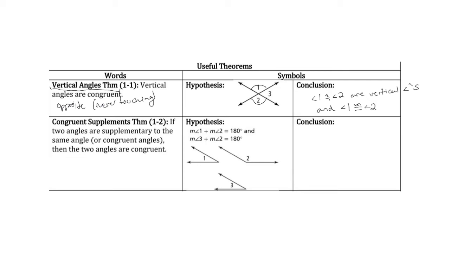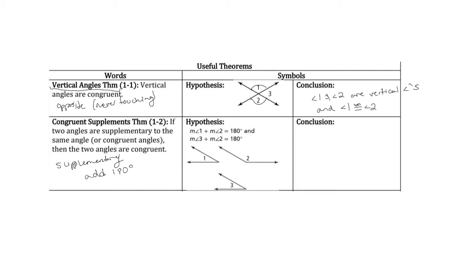The next theorem is the congruent supplements theorem. This says if two angles are supplementary to the same angle or congruent angles, then the two angles are congruent. Supplementary means that it adds to 180 degrees.